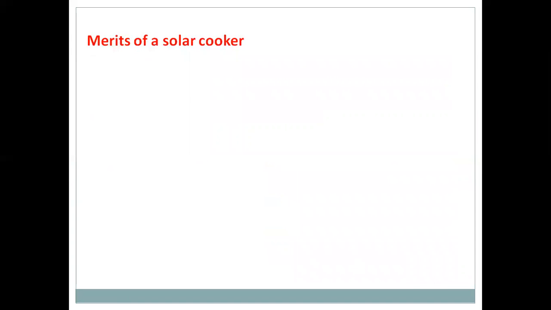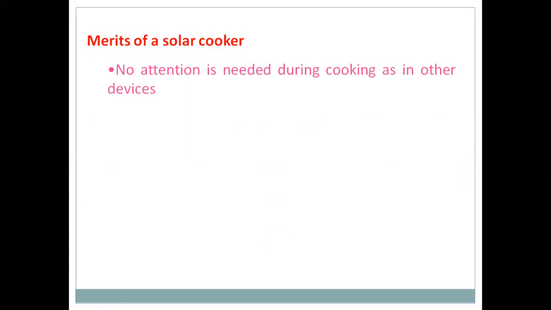Yes, so this is about the construction and the different types of solar cookers. Now, what are the merits of a solar cooker? The first merit is that no attention is needed during cooking as in other devices. Because with conventional sources, where it is LP gas or ordinary firewood cooking, there may be overflow if the area is not observed.